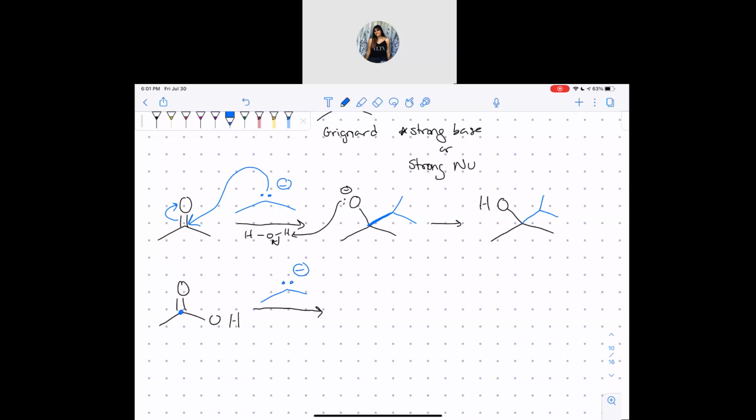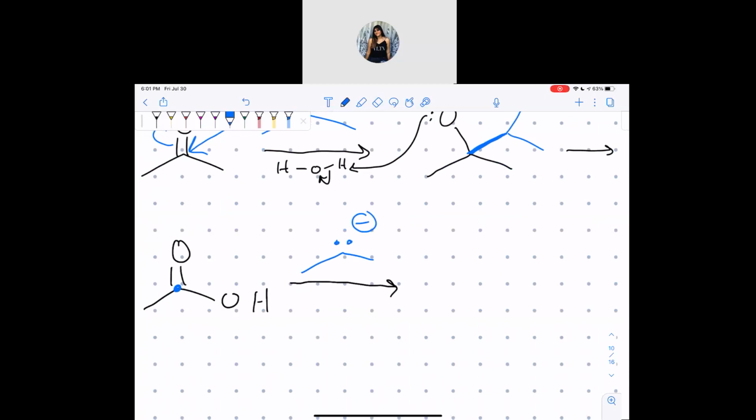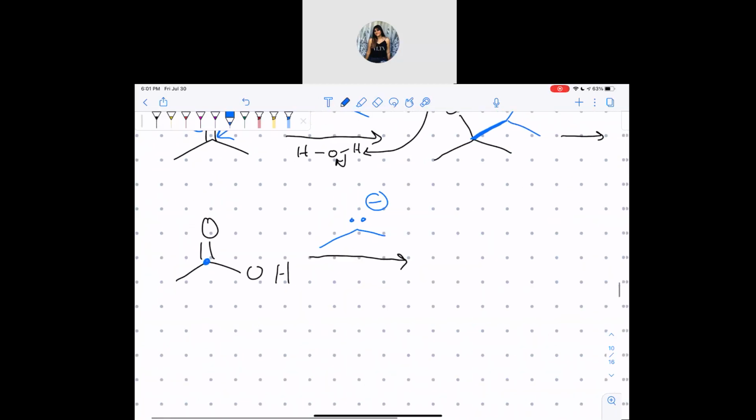But he's not going to take the time to get to know that carbon. It's hard to go all the way in here, get to that carbon, do that reaction and everything. Why would he do that when there's a little hydrogen right there, nice and acidic, waiting for a base to pick it up? He's just going to go for the base. He's not going to go for that carbon.